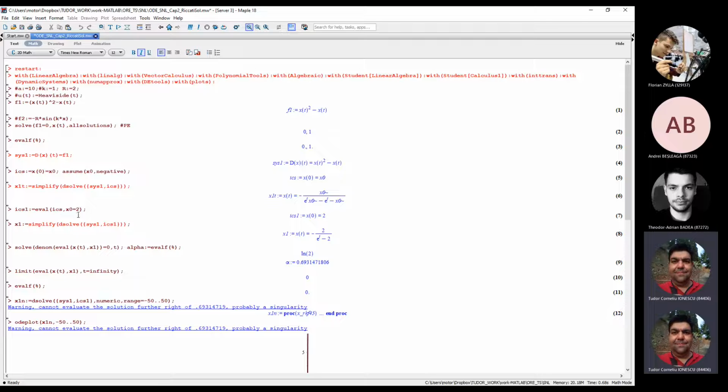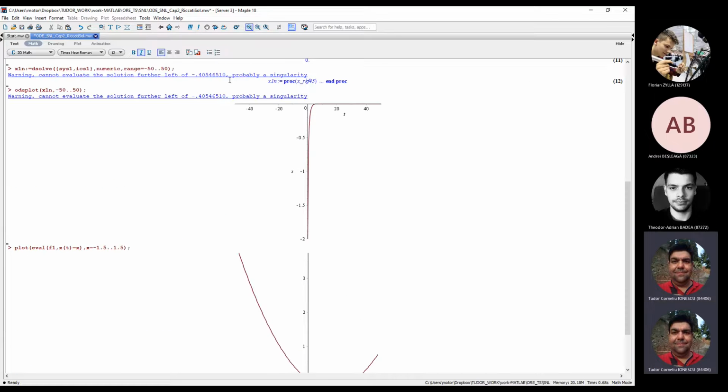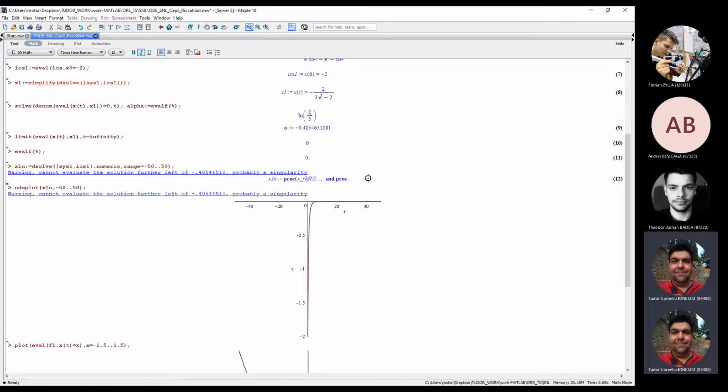Now, if the initial condition is negative, I just put a minus sign here. You see, the vertical asymptote is to the left of the vertical axis, and the equilibrium is 0.